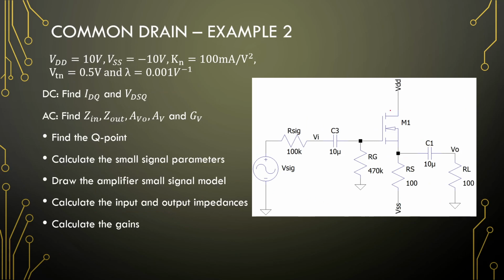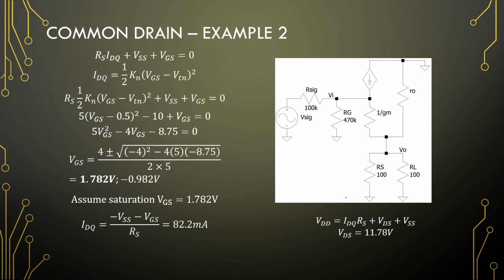So here we have a common drain of a dual configuration. And for the dual configuration, we have 1.782 volts VGS. Calculate our drain current: 82.2 milliamps.